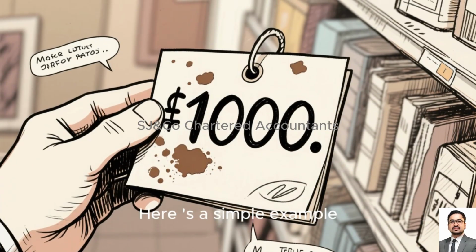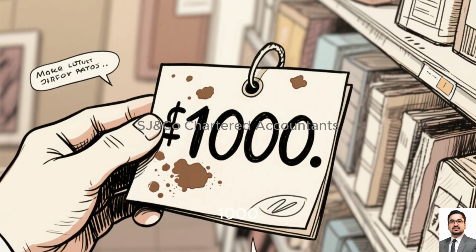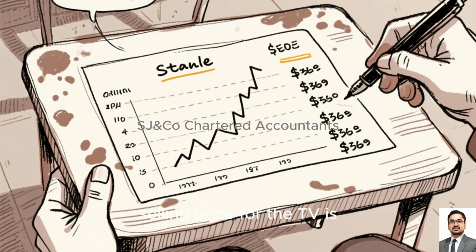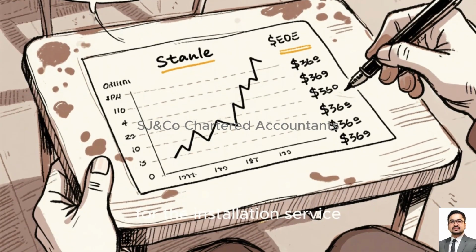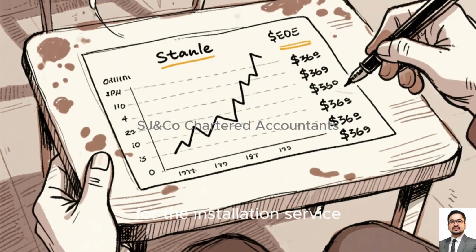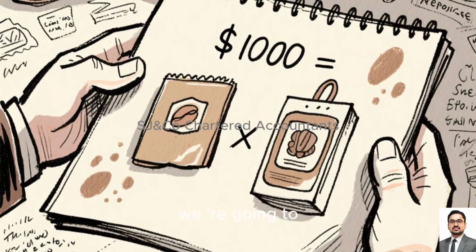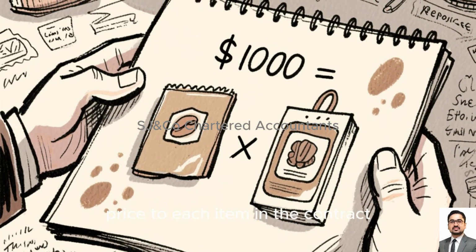Here, as a simple example, the transaction price is 1,000. We have a table here, and the standalone selling price for the TV is 700, and 300 for the installation service. So the total is 1,000. Now we're going to allocate the transaction price to each item in the contract.